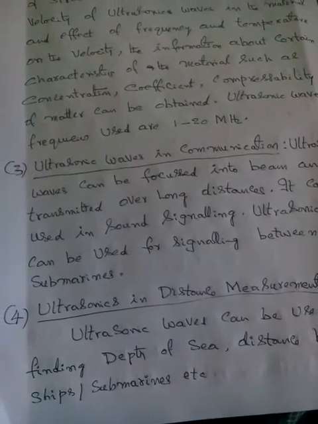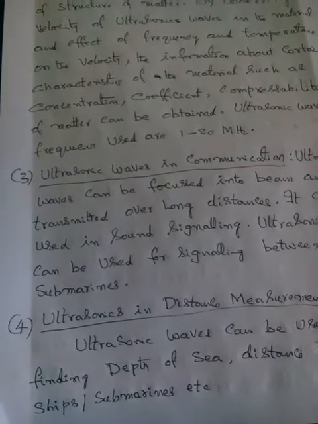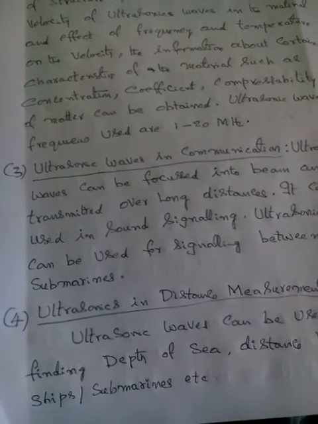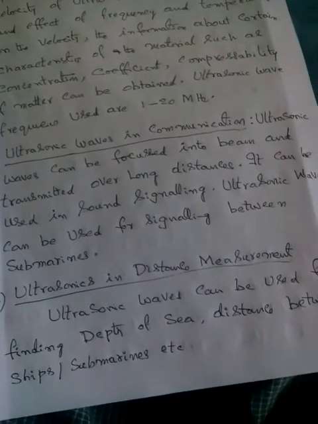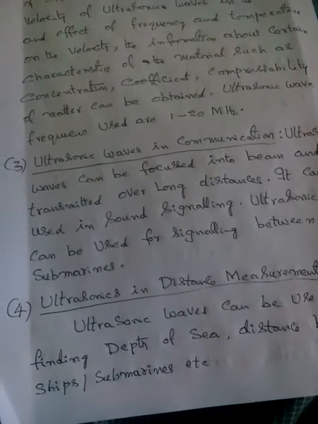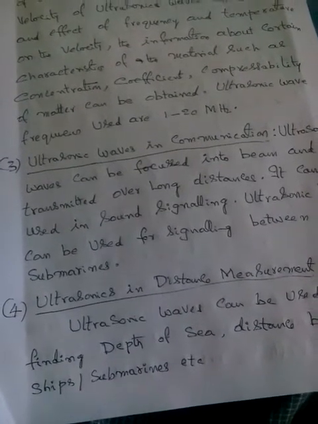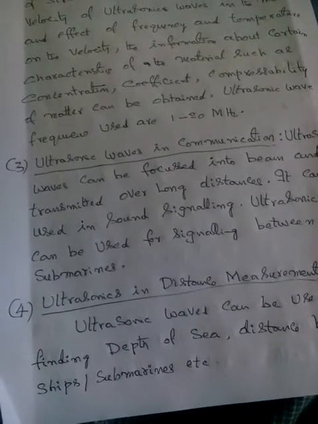Ultrasonic waves can be used for finding out the vertical distance, like depth of sea, and also the horizontal distance between ships and submarines, etc. This distance can be measured using ultrasound.